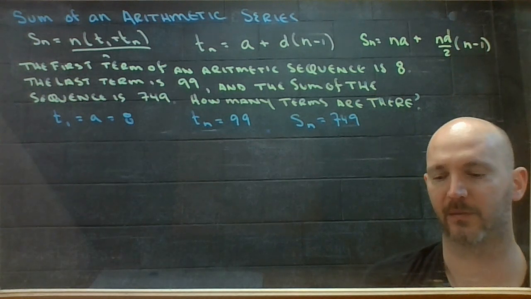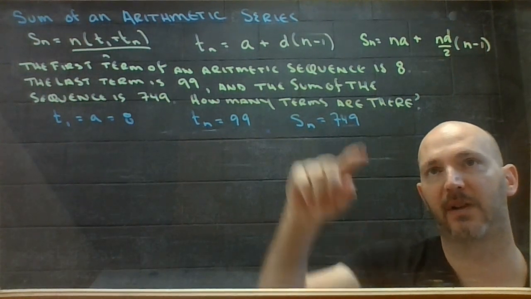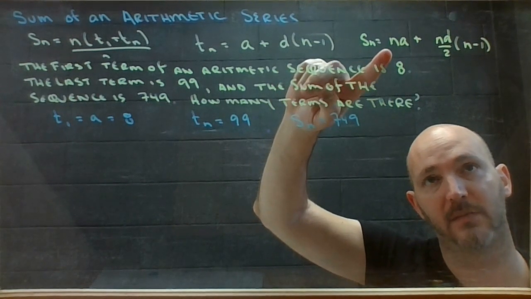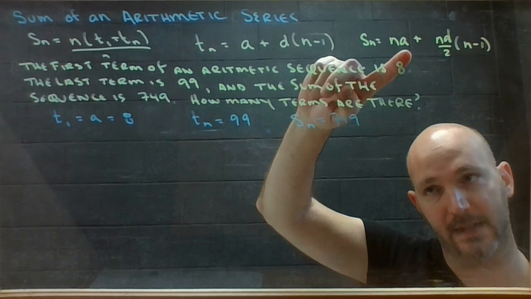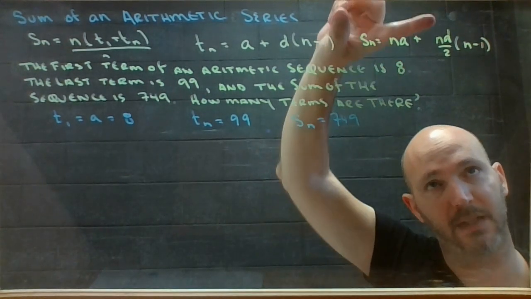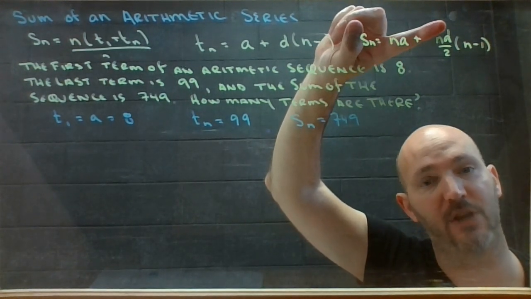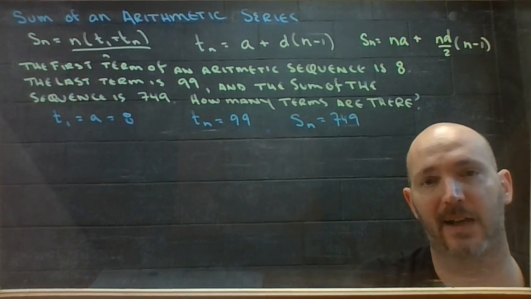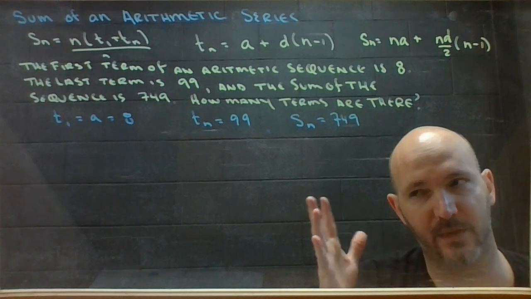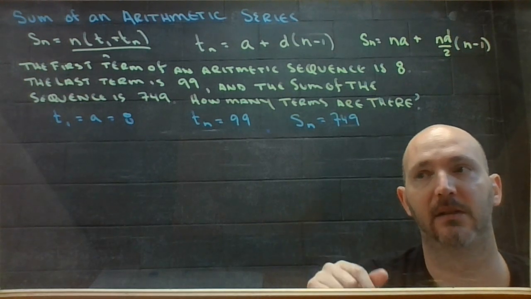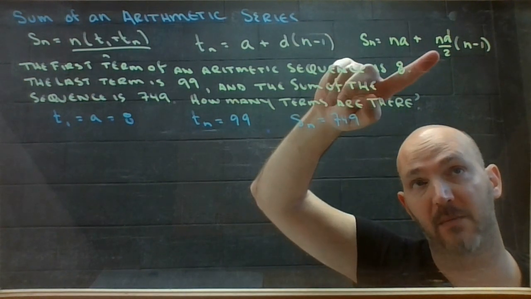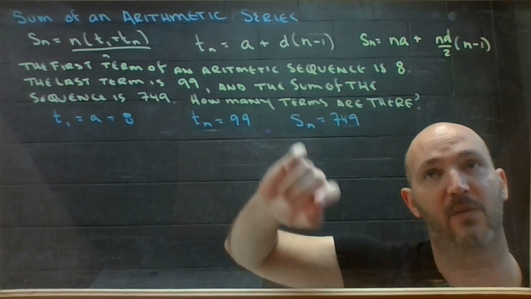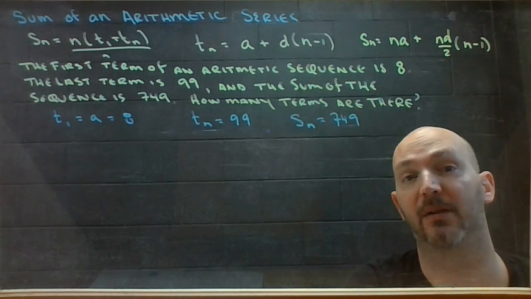Okay, well, if I look at this thing here, that has an Sn in it, and it has an N. And it has an A, so I've got that, but this one needs the jump. And because I don't know how many terms this is, I can't actually do that. I can't deduce the jump, I can't do anything. Also, if you think about it, even if I did know that, I would have an n times an n, which is an n squared, which would make this whole monster quadratic.